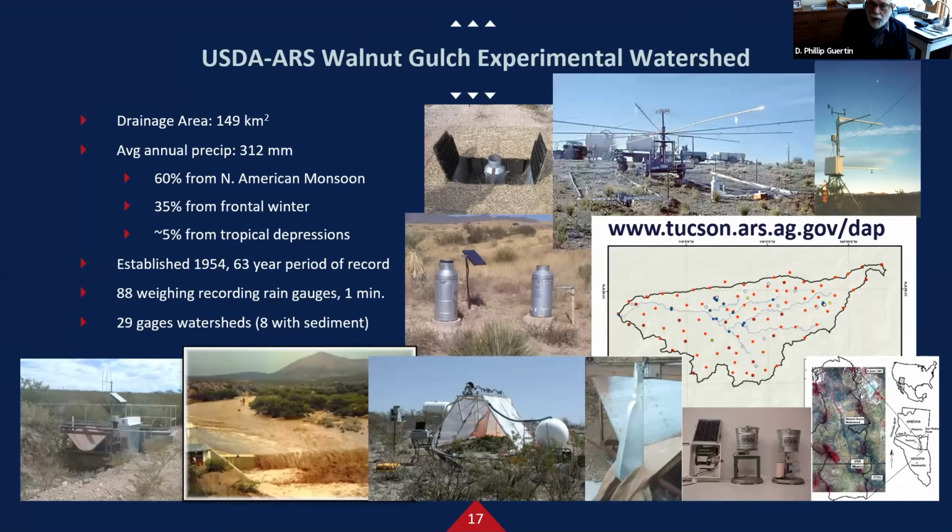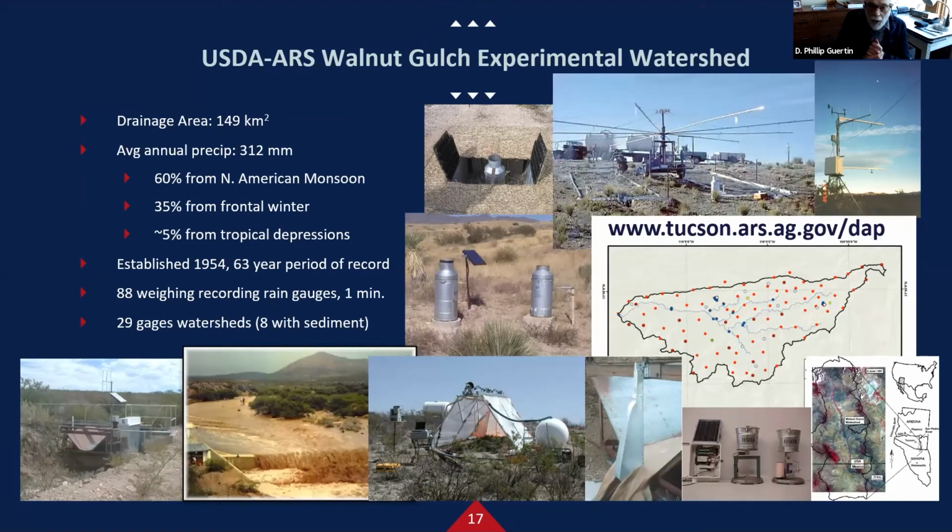This is just going through the Walnut Gulch experimental watershed. We live in Arizona. A lot of our runoff is the product of convective rainstorms, thunderstorms. The Walnut Gulch experimental watershed is one of the most highly instrumented watersheds in the world because we really wanted to understand the effect of short duration, high intensity, small extent rain events, what impact did it have on runoff response and erosional response?